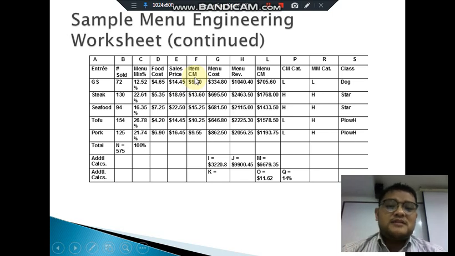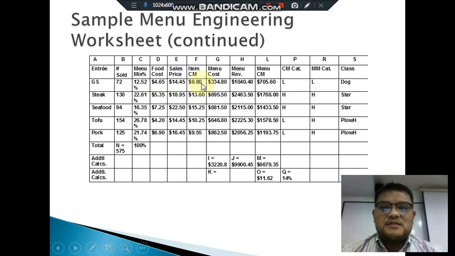Or, as we learned in chapter 3, sales minus VC, where VC is your food cost. So item contribution margin is very easy: sales price minus food cost, so column E minus column D. So 14.45 minus 4.65, you will get 9.80.